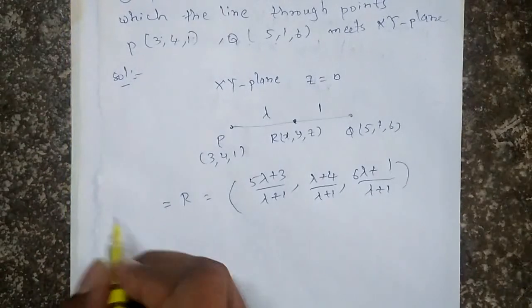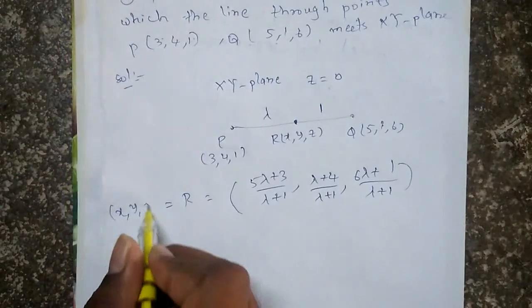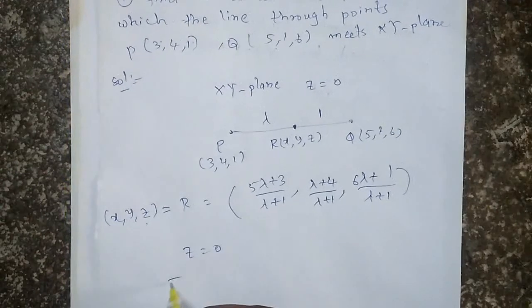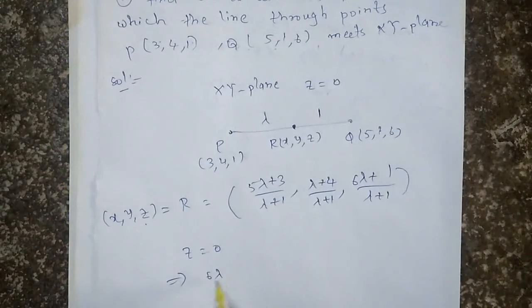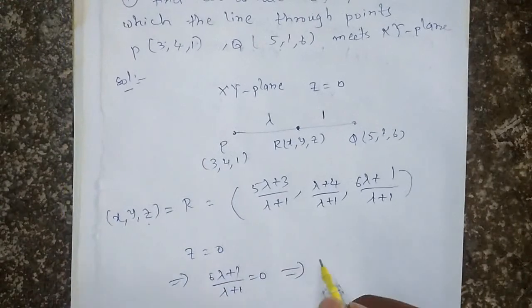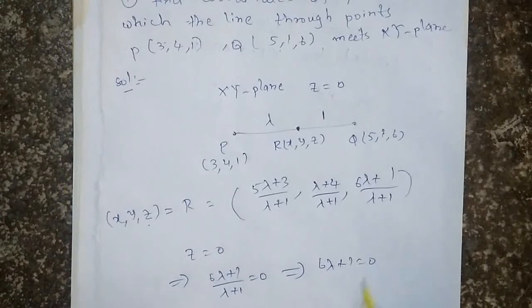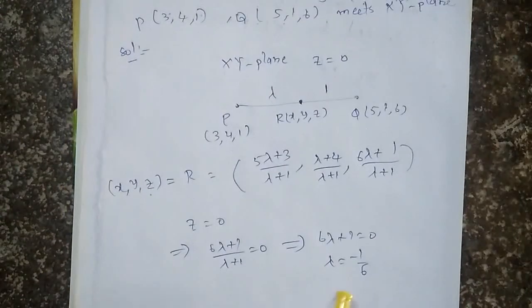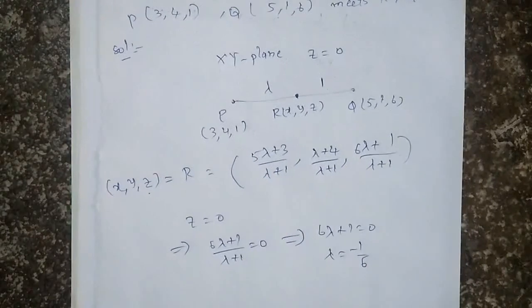This R is the point of contact, that is xyz, but here we know that z is equal to 0, implies z coordinate is 6 lambda plus 1 by lambda plus 1 is equal to 0, implies 6 lambda plus 1 is equal to 0, implies lambda is equal to minus 1 by 6. Now substitute the lambda in this, we will get the point.